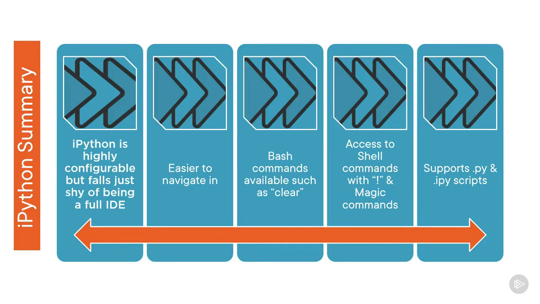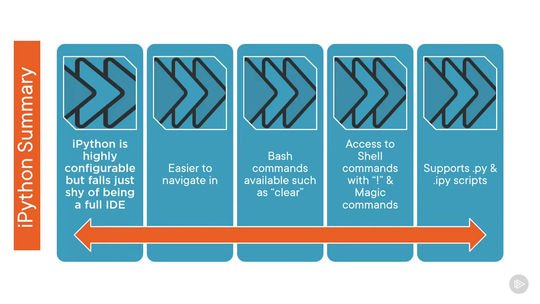So now let's go through a summary of what we covered here on IPython. IPython is actually highly configurable, right? But it does fall short of a full-blown IDE. But you can use some things like aliases. You can create your own magic commands. You also have profiles. And so you can start to configure IPython for your specific needs.